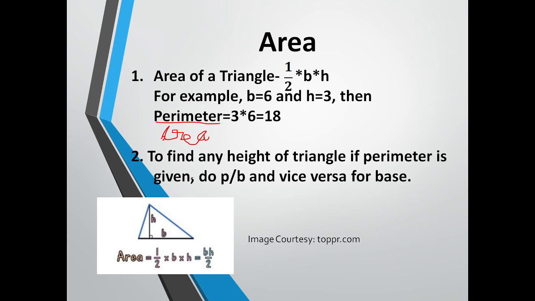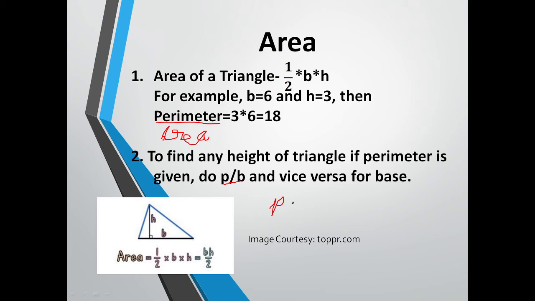So to find the height of a triangle, if area is given, do A by B, and vice versa for the base. Actually, this formula is wrong. It should be A into 2, because we also transpose this half.